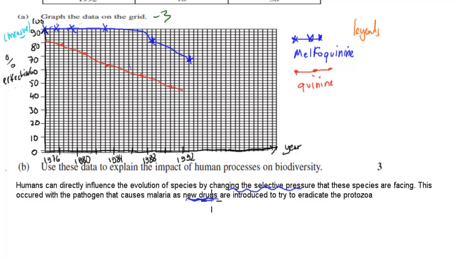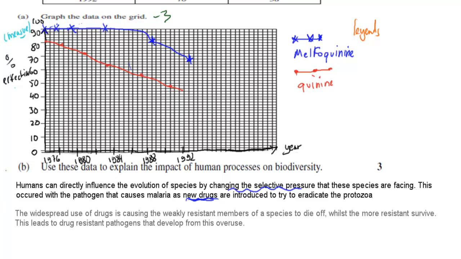The ones who were resistant would survive, the ones who were not resistant would die. So all I just said here is that humans have that ability to cause evolution in living things. Then I said the widespread use of drugs is causing the weakly resistant members of a species to die off, whilst the more resistant will survive. This leads to drug-resistant pathogens that develop from this overuse.